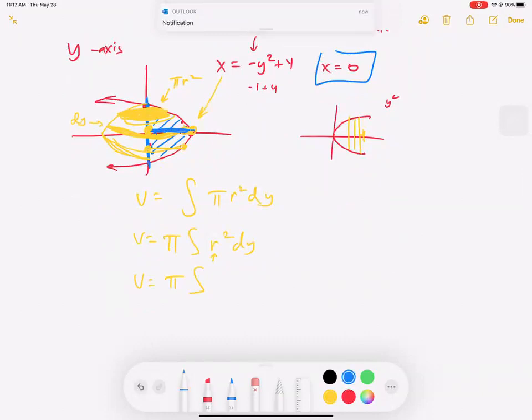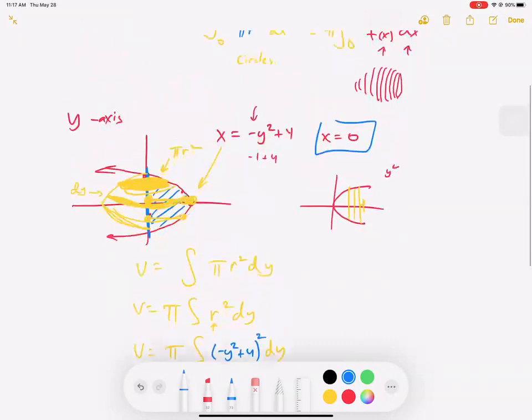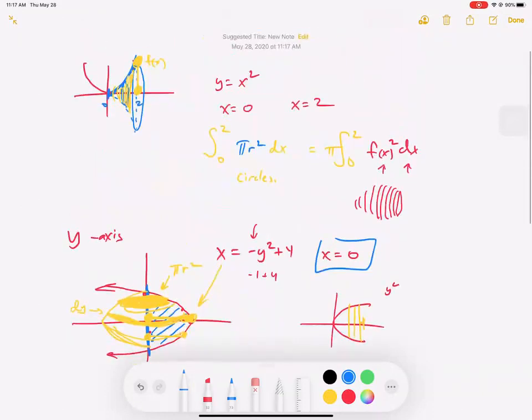X value here. We're going to write this as pi integral of parentheses negative y squared plus 4, dy. Oh, I forgot the square, sorry. So these equations look literally mirror images of what we had before, right here.